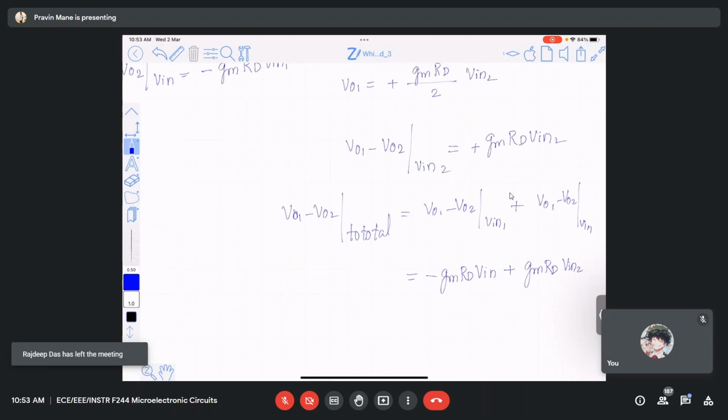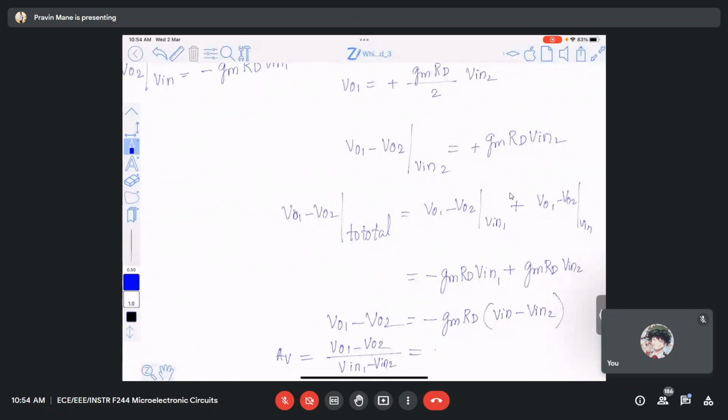Can I write it like this? Minus GM into RD, V in 1 minus V in 2 is VO1 minus VO2, right? What is the gain? VO1 minus VO2 divided by V in 1 minus V in 2. What I am getting here is minus GM into RD, which is the same relationship that we derived previously, right?